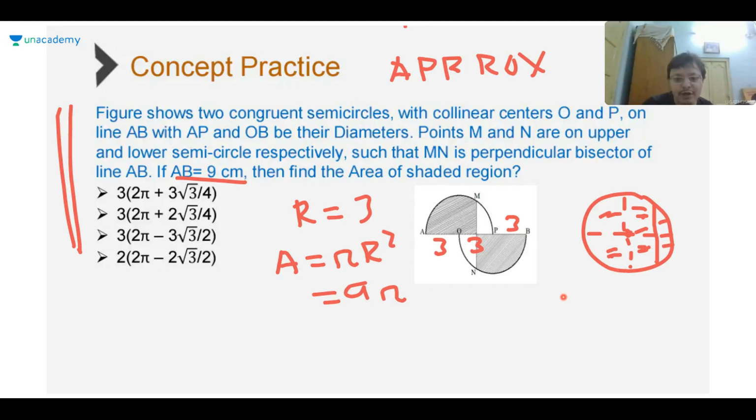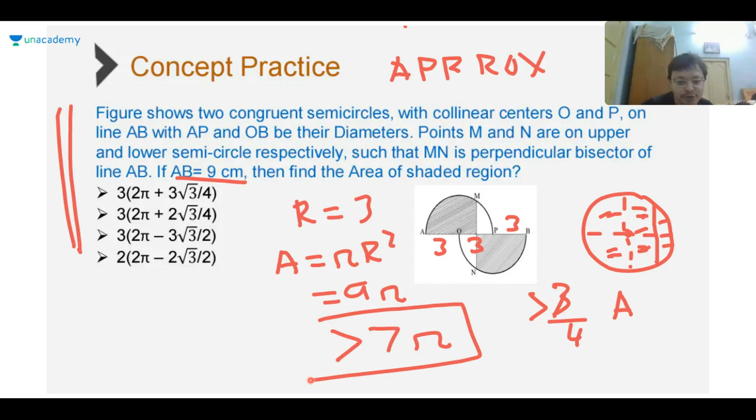So the answer will be greater than 3/4 of the area of the square, which means the answer will be greater than 7 pi. The total area is 9 pi. Just this portion is 4.5 pi. So this portion added to 4.5 pi will be greater than 7 pi. So this area is less than this area. So the answer is greater than 7 pi.